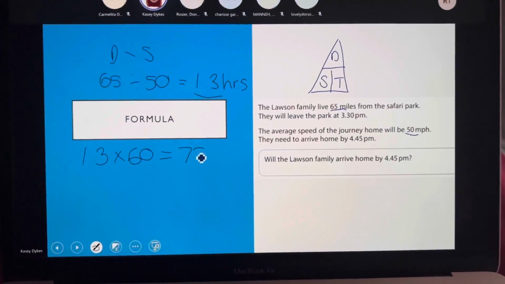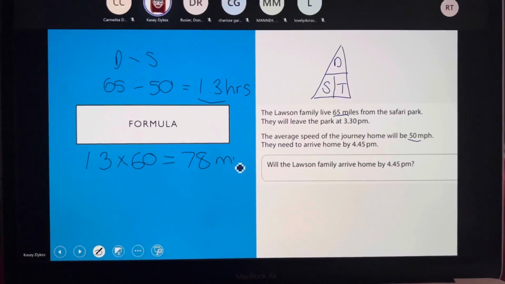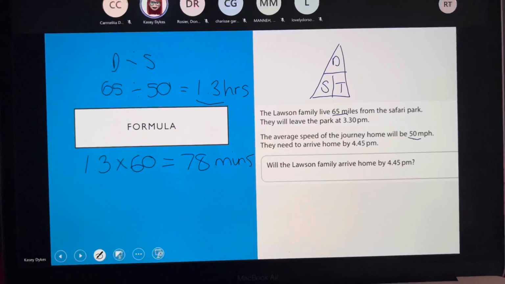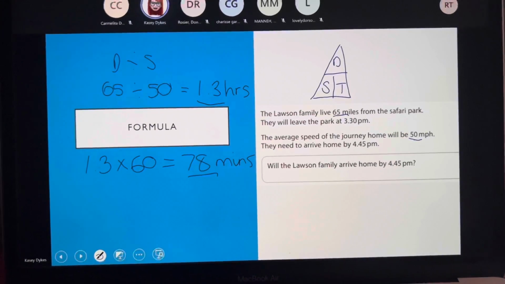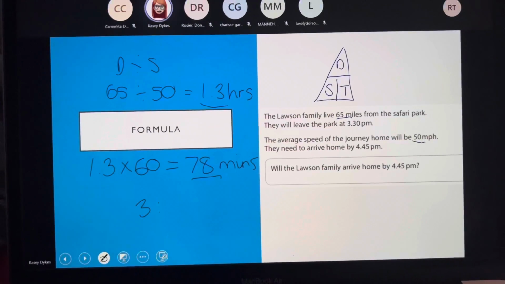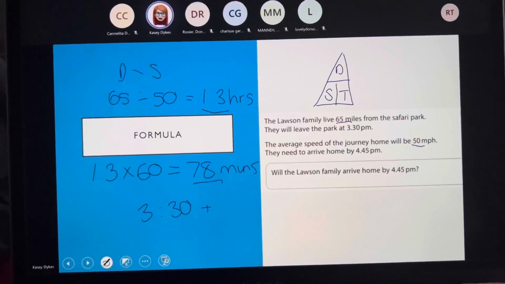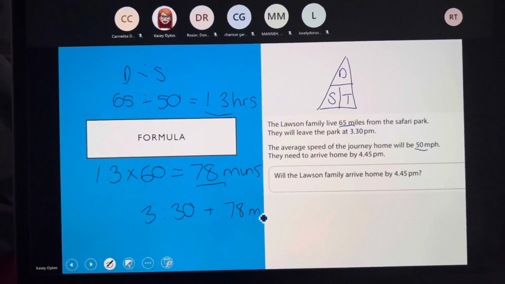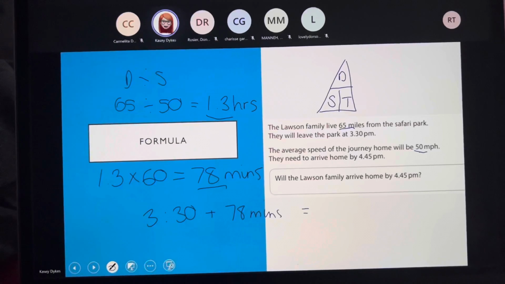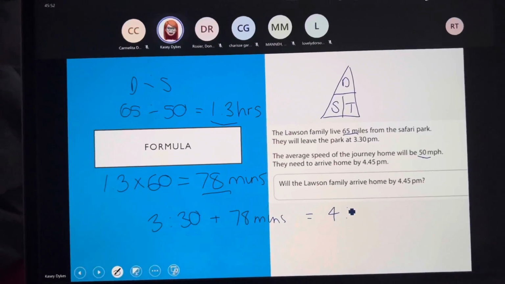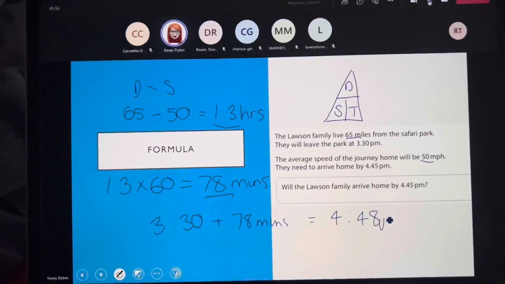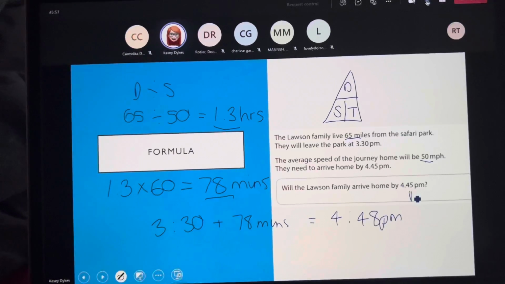That should give us 78 minutes. And then we can add that onto our 3:30. So that should take us to 4:48 p.m. So no, they won't arrive home in time.